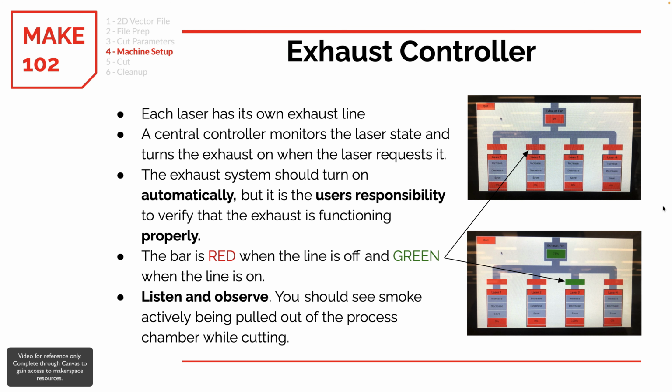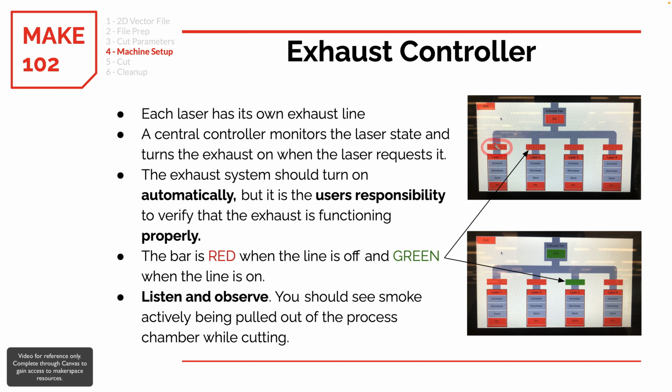We have a custom designed exhaust controller, which I happen to have designed and built. If you have any questions about it, feel free to ask me. This is the combination of an exhaust fan located on the roof of the makerspace with piping that goes down to each unit, and then in front of each unit is a blast gate.